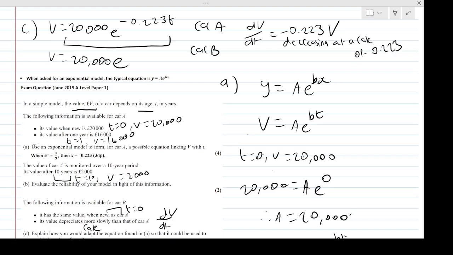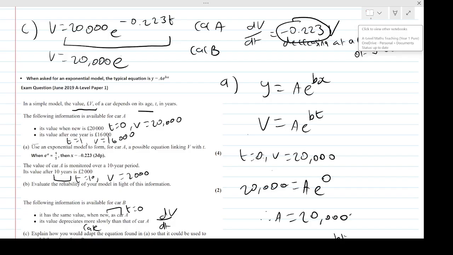So hopefully you can see, if we want the value to decrease more slowly, so at a smaller or slower rate, this has to be lower than 0.223. So the number in the exponent, minus 0.223, has to be closer to 0.